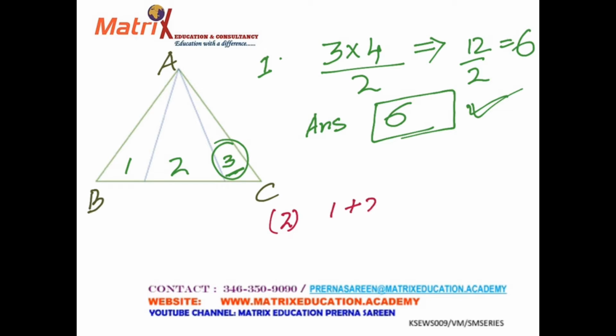Just add these numbers, and it is again 6. In both cases my answer is 6. Whatever the number of partitions, 1, 2, 3, just add them. 1 plus 2 plus 3 is the total number of triangles in this figure.